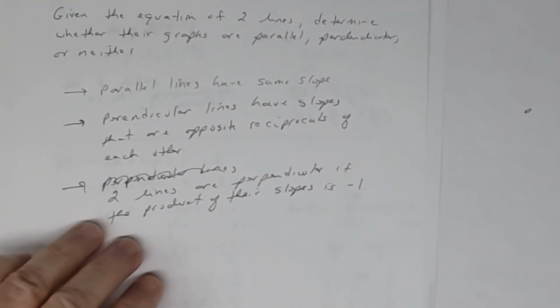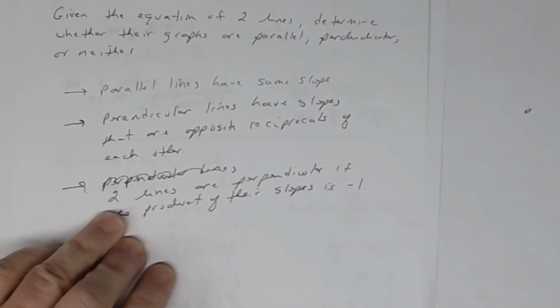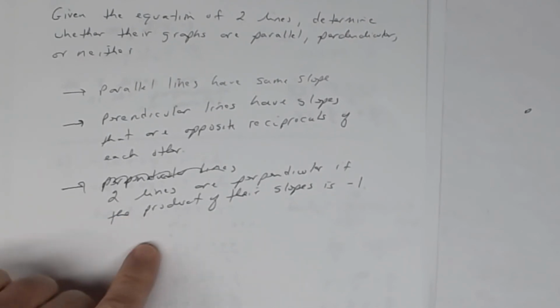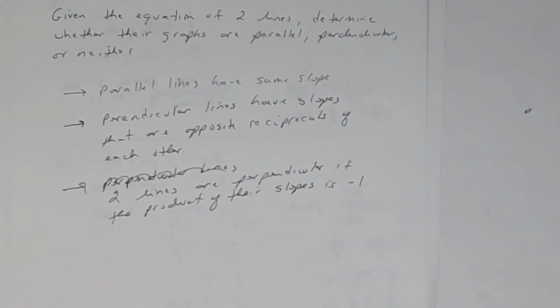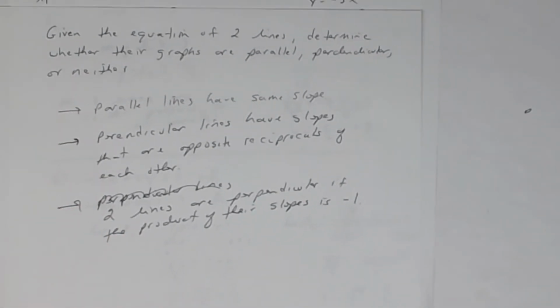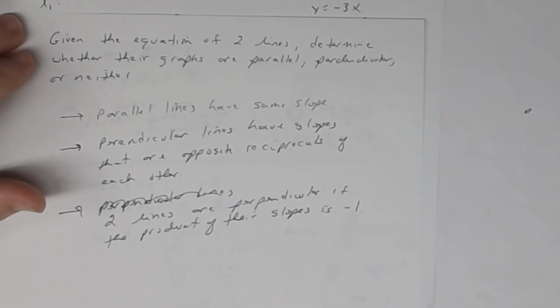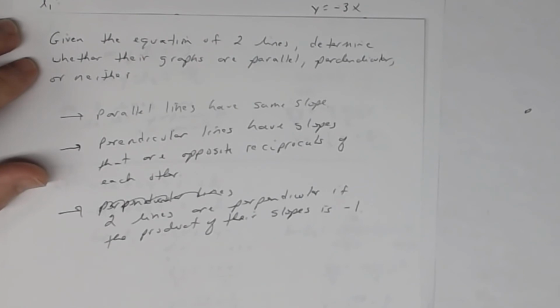Also, we know that two lines are perpendicular if the product of their slopes is -1. Knowing this, you could answer anything dealing with determining whether the graphs of the equations of two lines are going to be parallel, perpendicular, or neither. All right, so that's the end of this lesson.